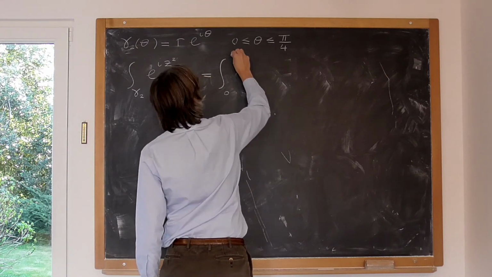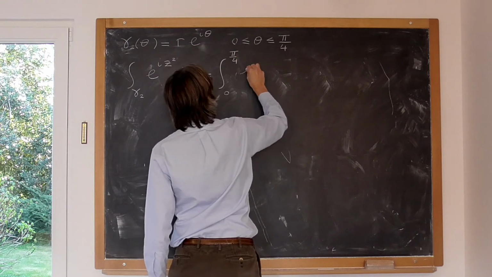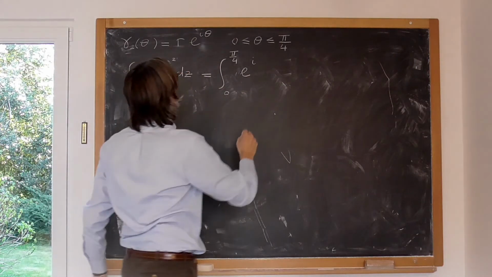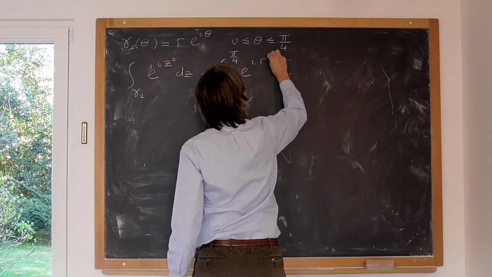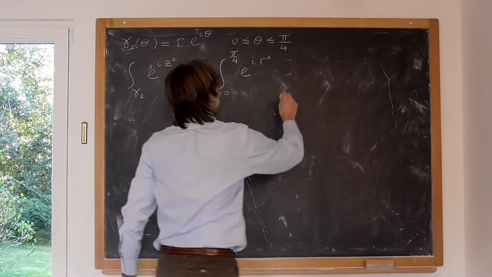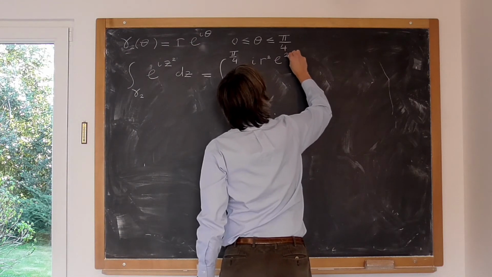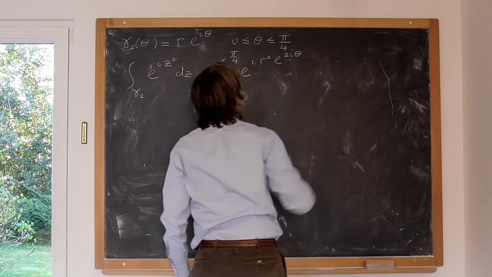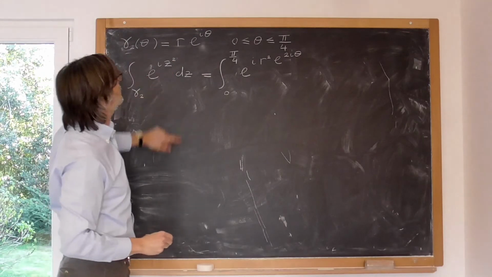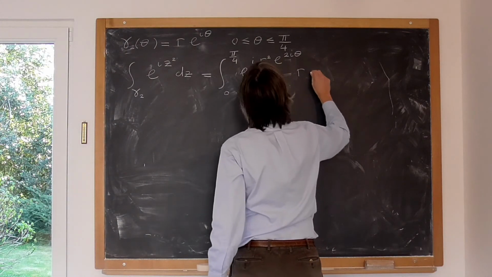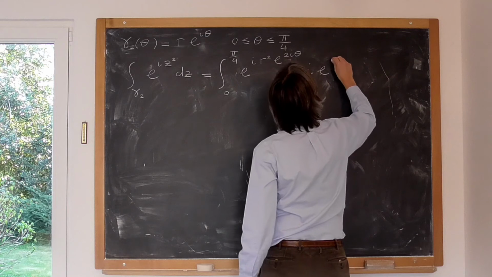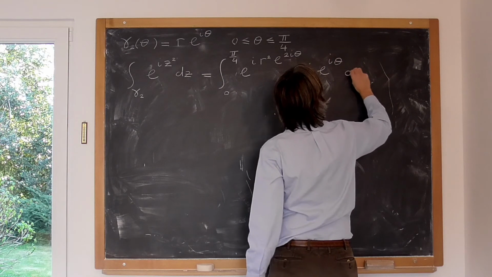from 0 to pi over 4 of e to the i, and z is this number, so it's r squared times e to the i theta squared, so times e to the 2i theta, dz. This is a function of theta, dz is r i e to the i theta d theta.